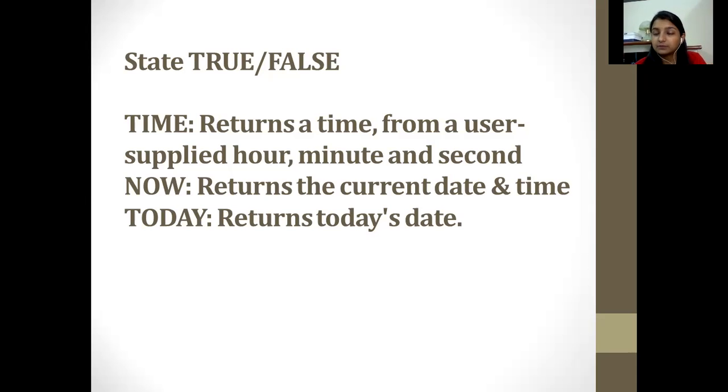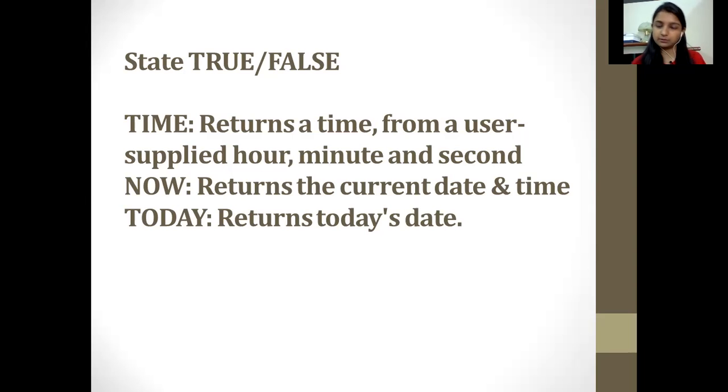Like for TIME, what could it include? It returns the time from a user-supplied hour, minutes or seconds, definitely these all come in TIME. What about NOW? That means it returns the current date and time, like whatever you are doing just now. Then what about TODAY? TODAY returns today's date.